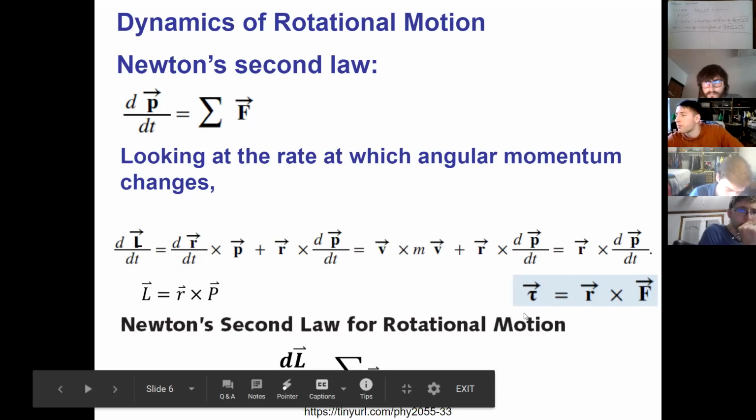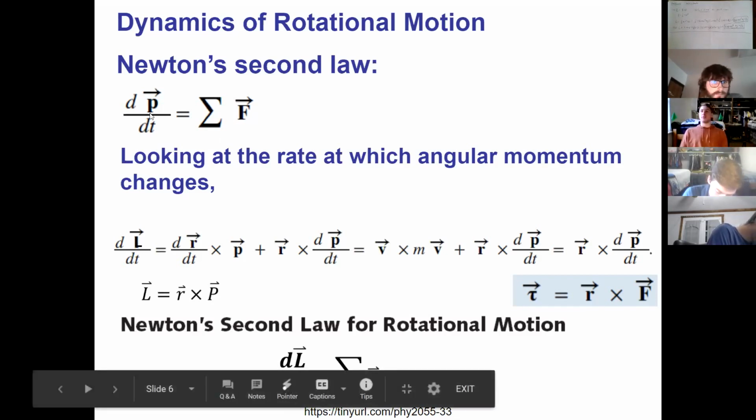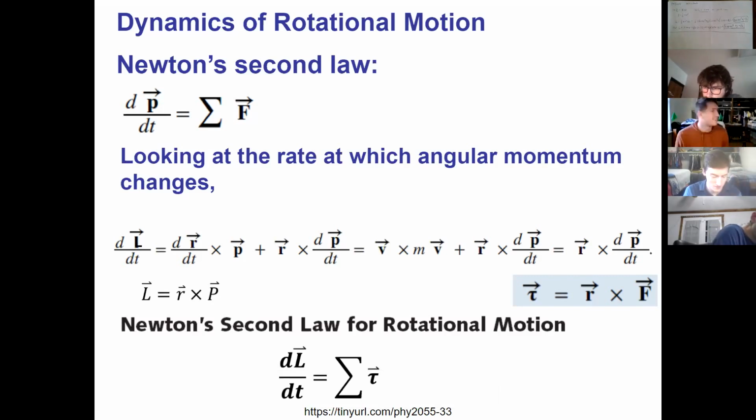So the derivative of angular momentum with respect to time t is equal to the torque, or net torque if you have multiple forces resulting in multiple torques in the system. So the second law for rotational motion would be: the time derivative of angular momentum equals the summation of the torques. It is similar to the linear case, but you are using angular quantities instead of linear quantities.